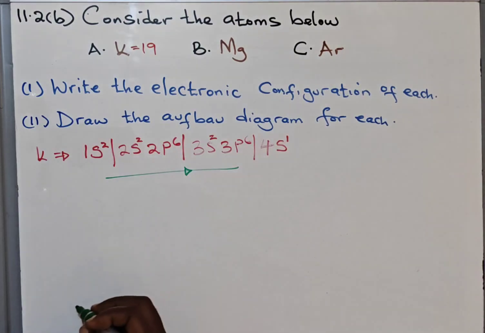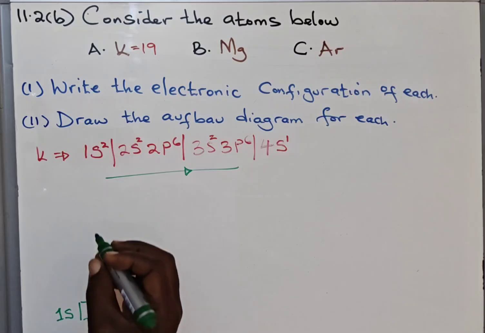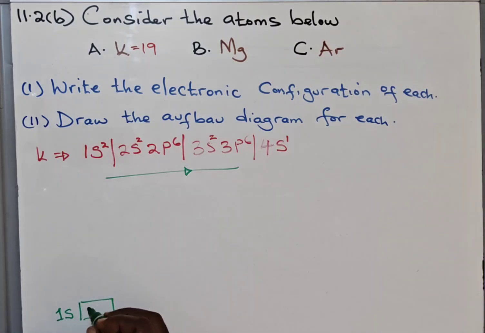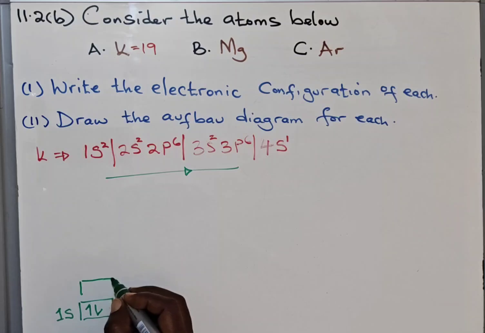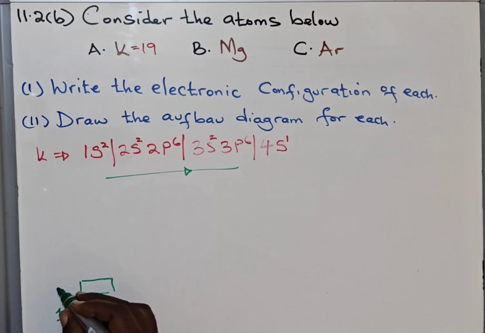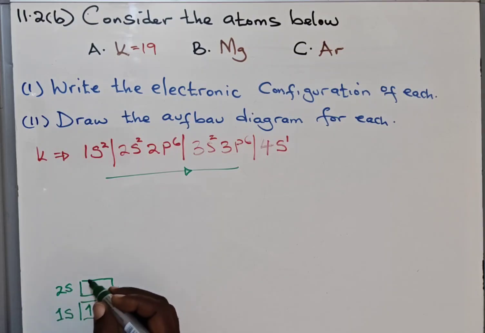We start with the first one at the lowest bottom, 1s, which has 2 electrons. On the next level we have 2s, which is also full and takes up those two.